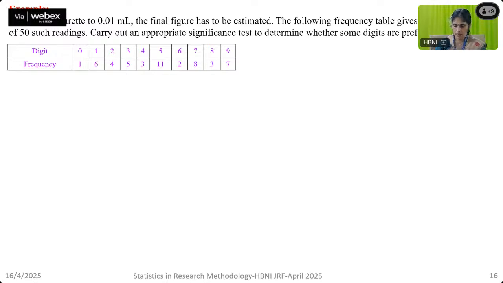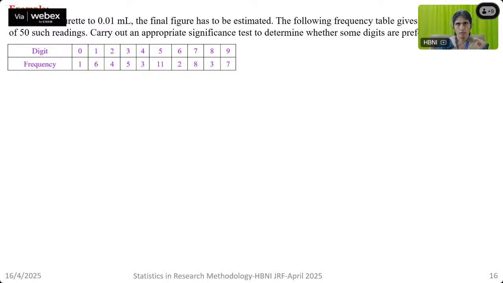For example, we have to see whether the person has a certain bias to a particular digit. Some people like even digits, so they tend to read towards the nearest even digit. Some people have some bias towards digits like 5 or 0.